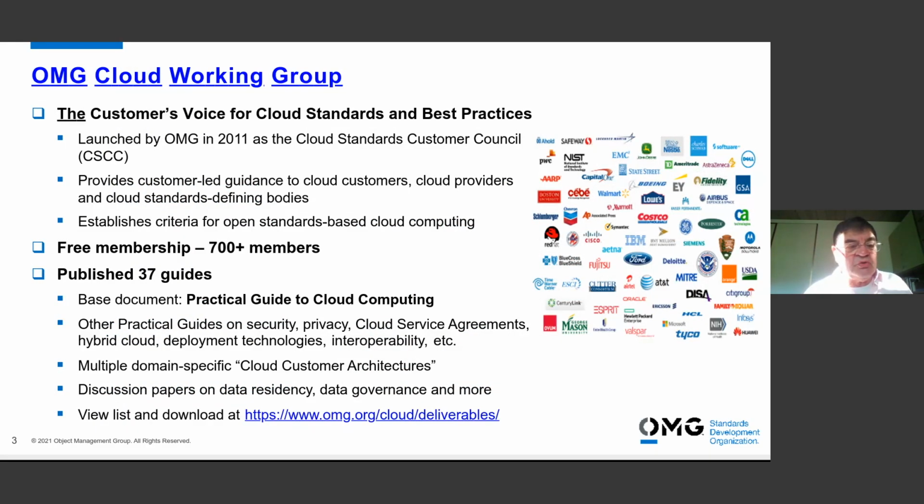The Cloud Working Group was born in 2011 as an organization called the Cloud Standards Customer Council, or CSCC, with a mission to provide guidance to cloud customers. Cloud providers also receive guidance from us almost indirectly when we tell the cloud customers some of the things they should pay attention to, or some of the trends.